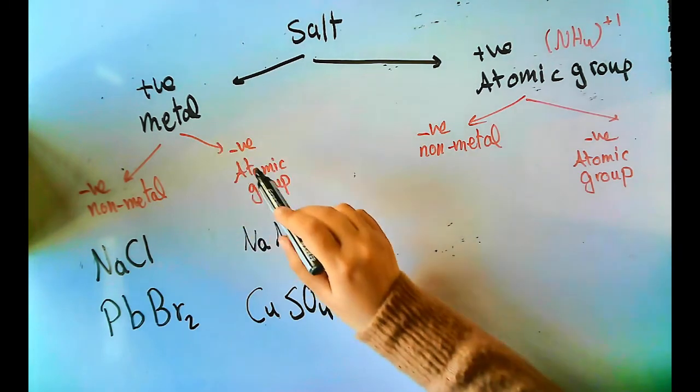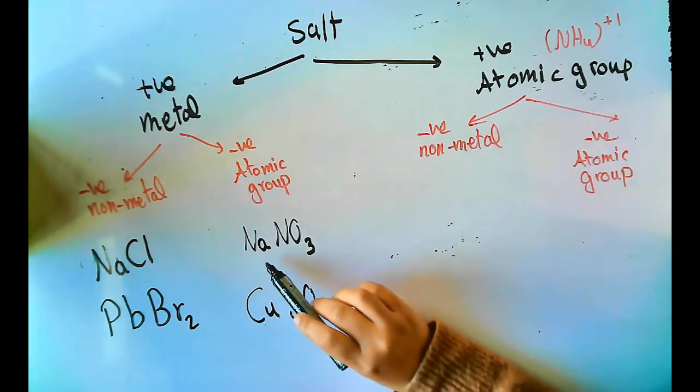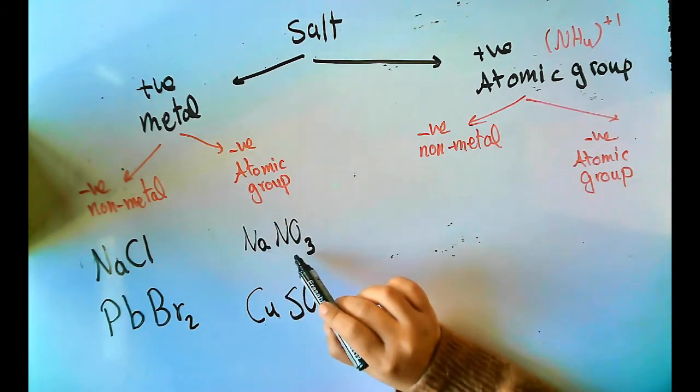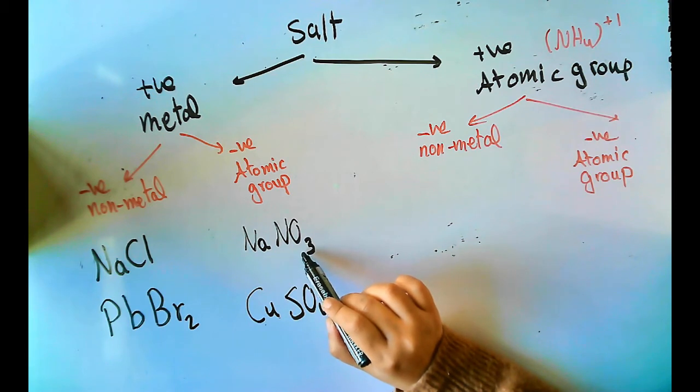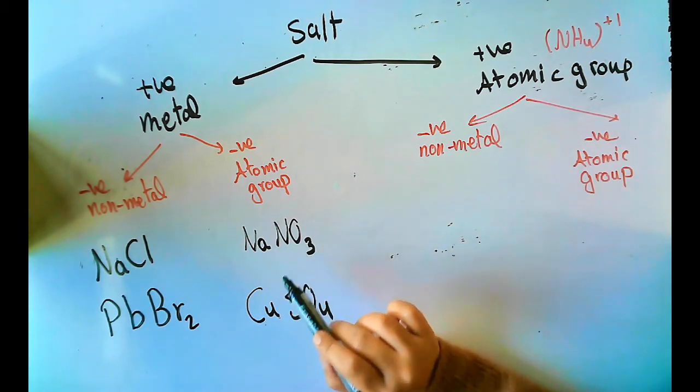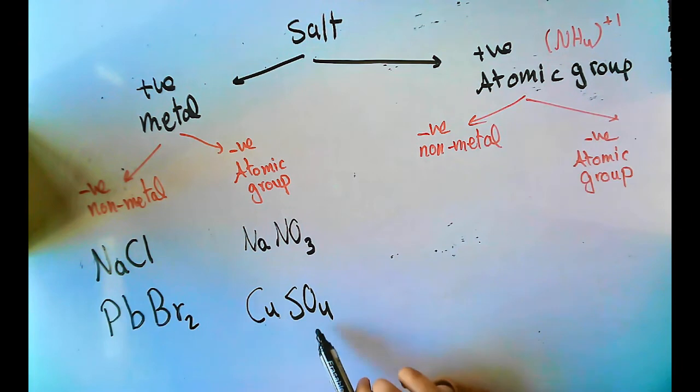Copper is a metal, but sulfate is a negative atomic group. Anhydrous copper sulfate.